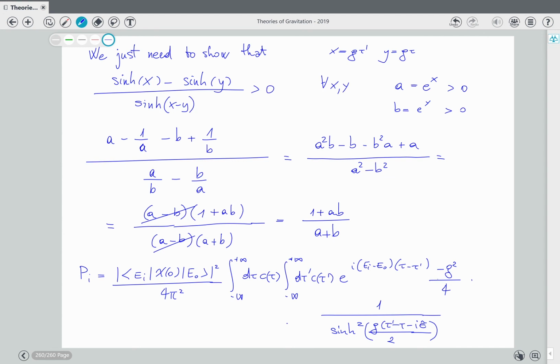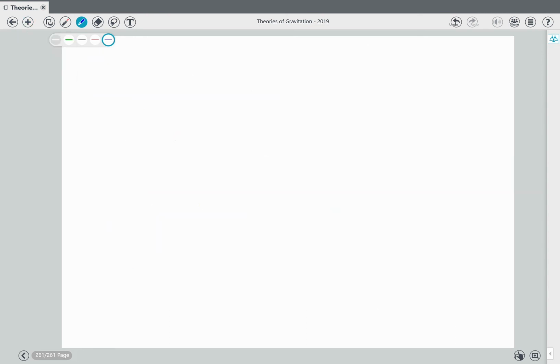Again, we see that the integrand depends only on tau minus tau prime, and so we will have one integral only and a factor omega in front. Let's see if we can finish it today. I don't think we can finish it today, so we will continue tomorrow a little bit.